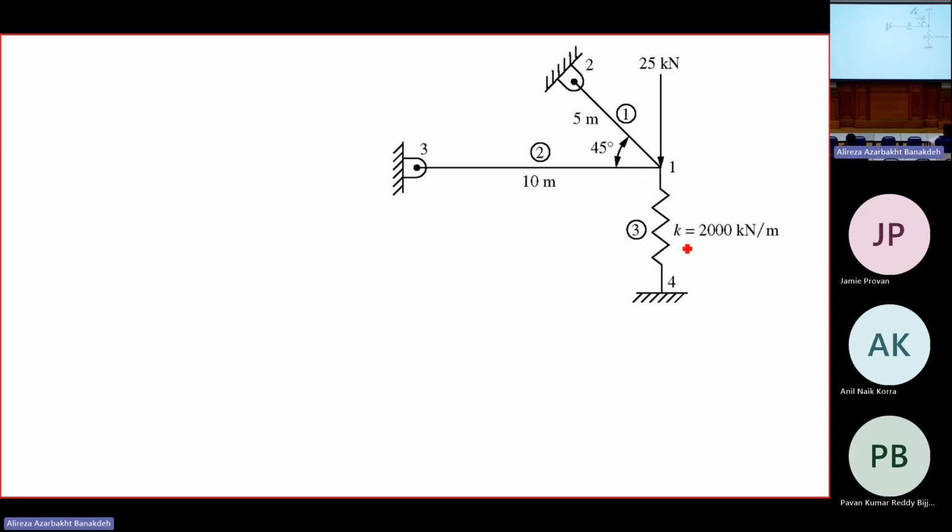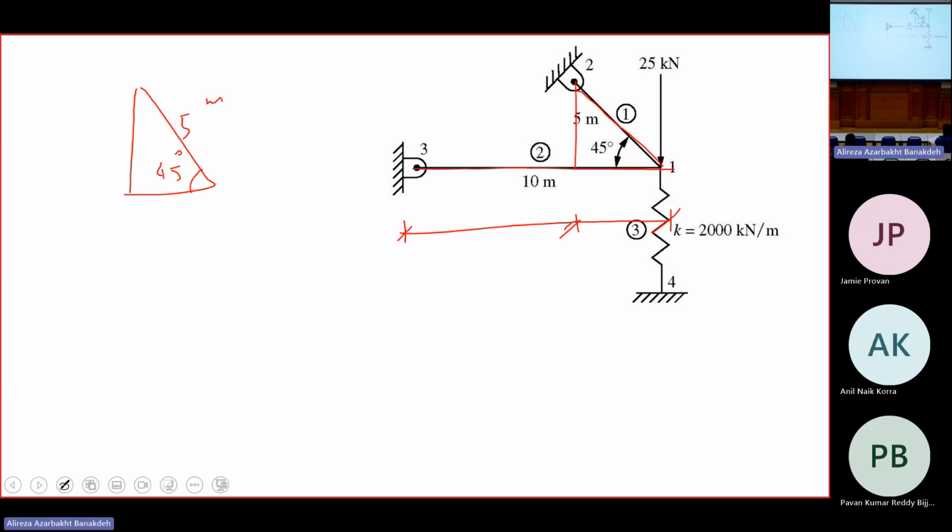On Wednesday, when some of you were practicing ETABS, I calculated this as 3 meter point something. So the question is, what is this distance and this distance? I know this is 10 meter and this is 5 meter. Okay? We have a triangle here. This is 5 meter. This is 45 degrees.